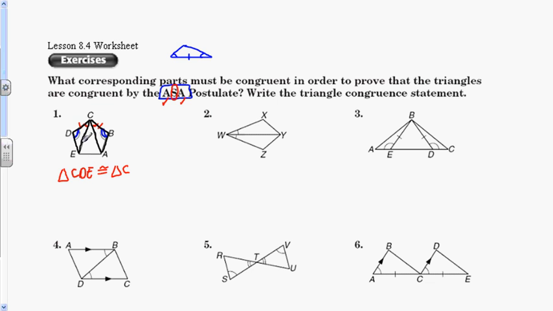But D corresponds to B. So put that next. And then E corresponds to A. So CDE and CBA would be the two triangles that would be congruent. Okay, so you're trying to use angle side angle.